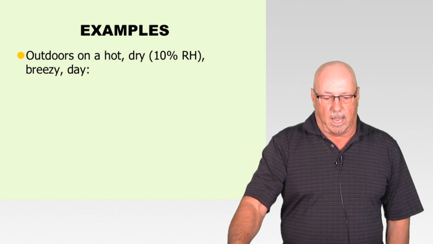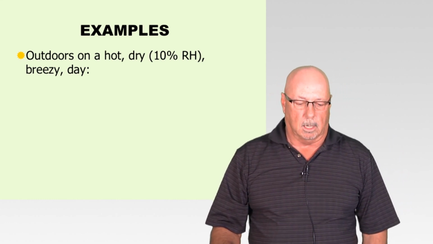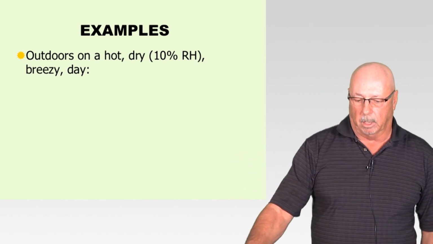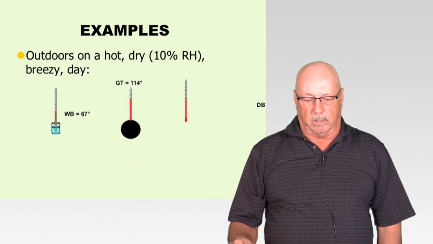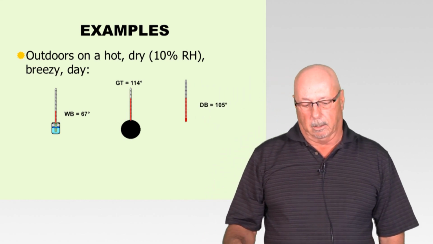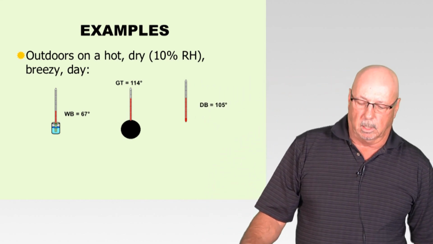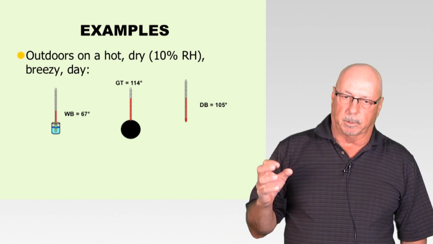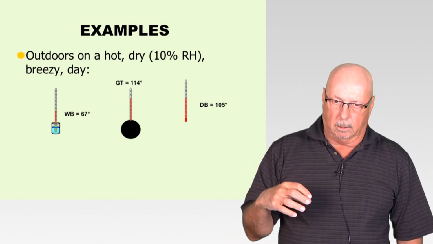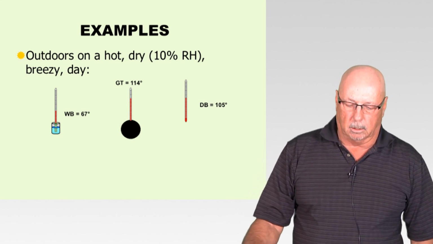Well, if we look at an example of outdoor work on a hot, dry day, 10% humidity, on a breezy day, you might get these types of measurements. We got a dry bulb of about 105. Our globe temperature would be 114. You can notice that's because the radiant heat load is adding to that normal ambient load.